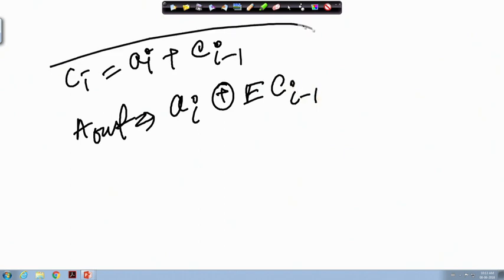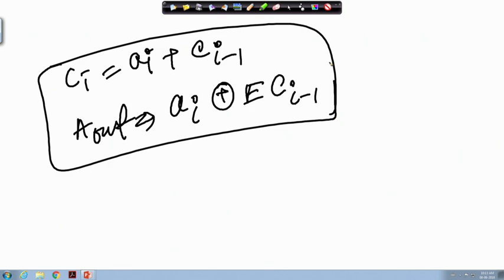These two equations are followed to compute the corresponding architecture. Here, this is for the I-th bit.